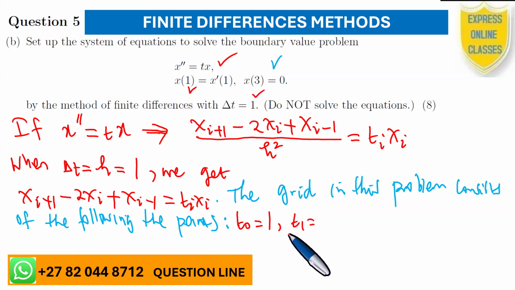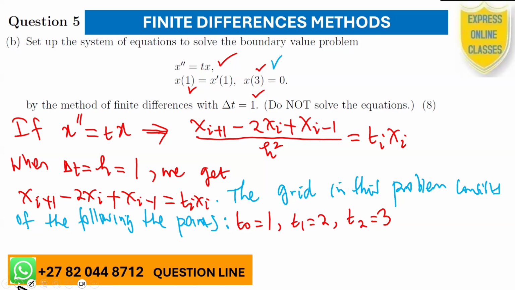T sub 1, you add a 1, you get a 2. You add a 1, you get a 3. So those become the grid points.